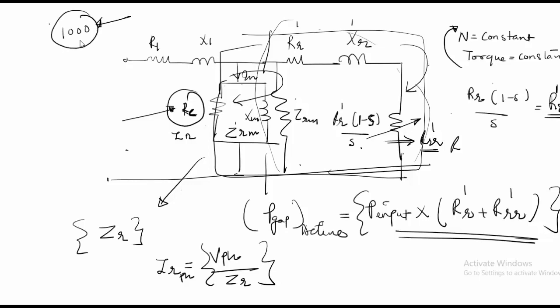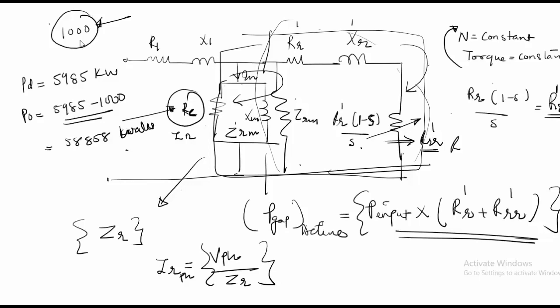So if I am again seeing, my power developed was equal to 5985 kilowatt, and my power output was equal to 5985 minus 1000, which was my fixed loss, and this comes close to 58858 watts.